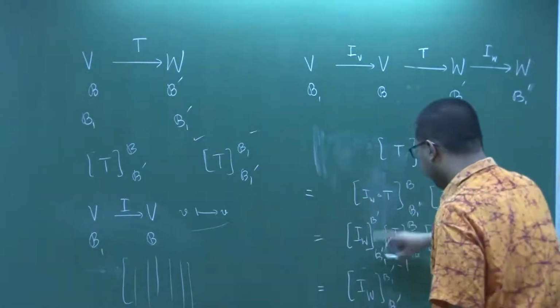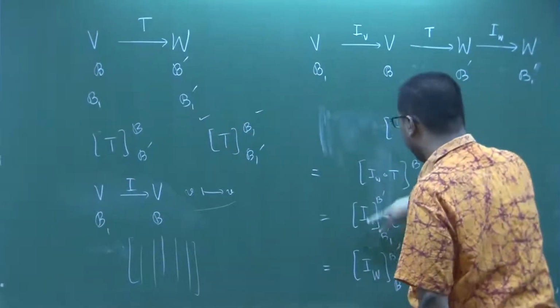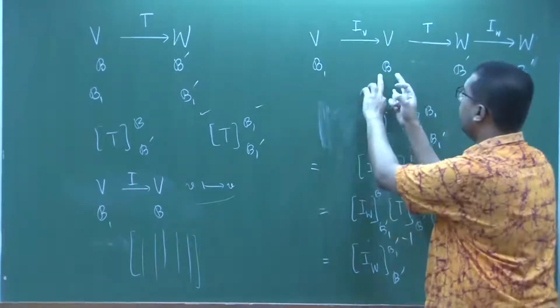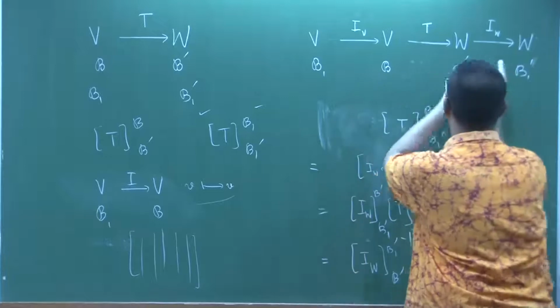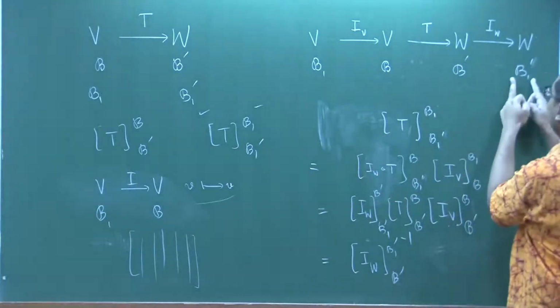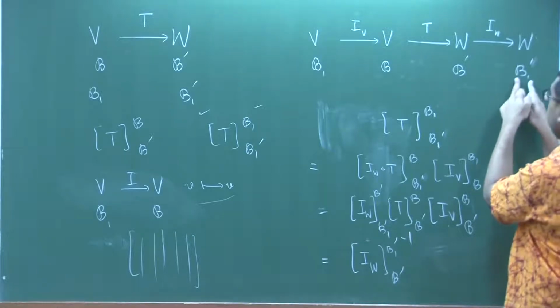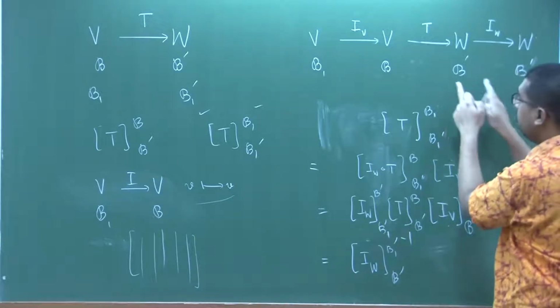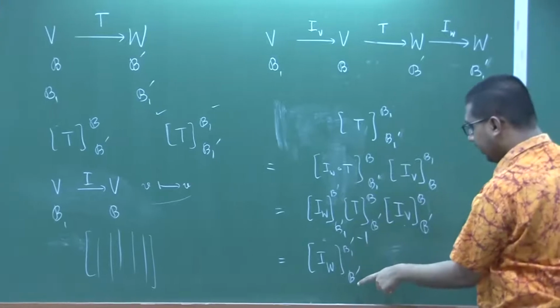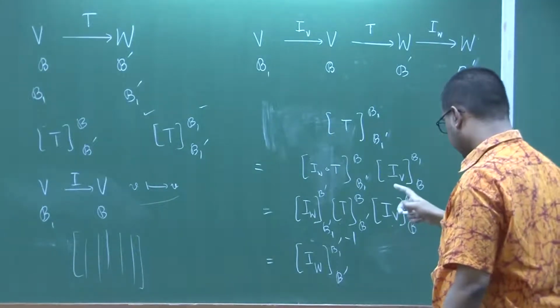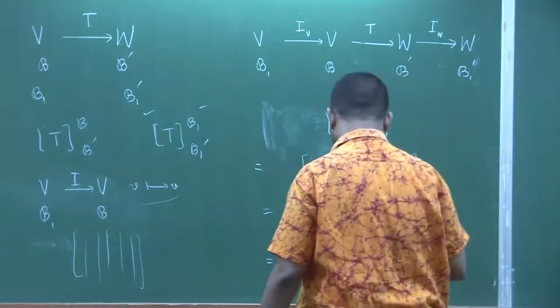If we consider the inverse of I_W, it will be a map, and the matrix of I_W with respect to the first ordered basis and the second ordered basis is nothing but the inverse of that.